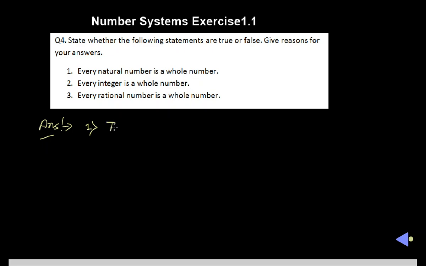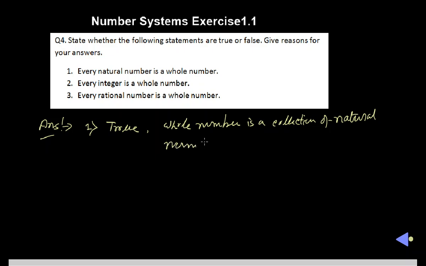Yes, it is true. Why is it true? Because the whole numbers are the collection of natural numbers plus zero. We can say a whole number is a collection of natural numbers and zero, not one, sorry, zero.